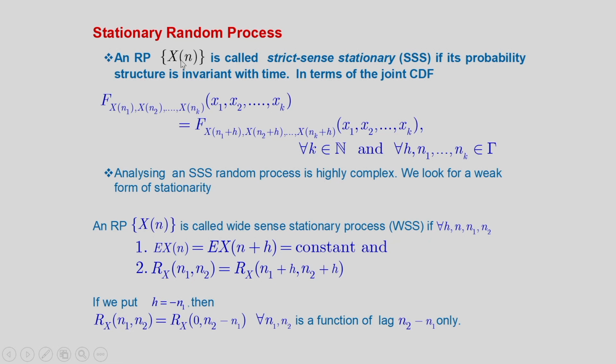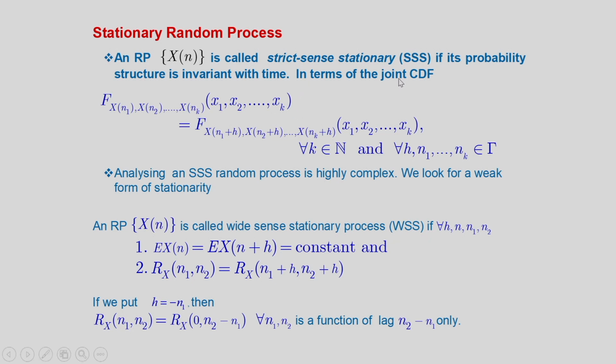A random process Xn is called strict sense stationary, abbreviated as SSS, if its probability structure is invariant with time. So, whatever probability description is at this point of time, the same probability description will hold for another instant of time, maybe after 1 month.